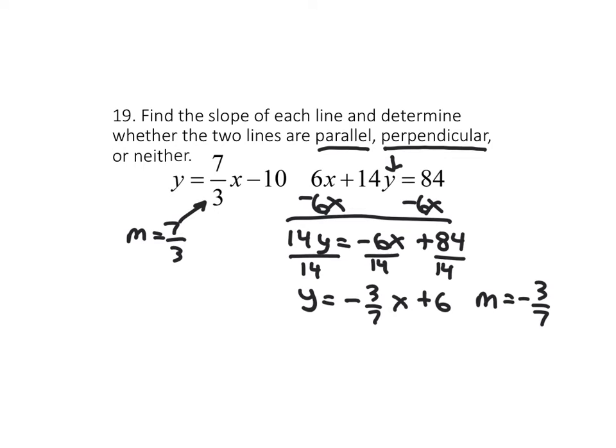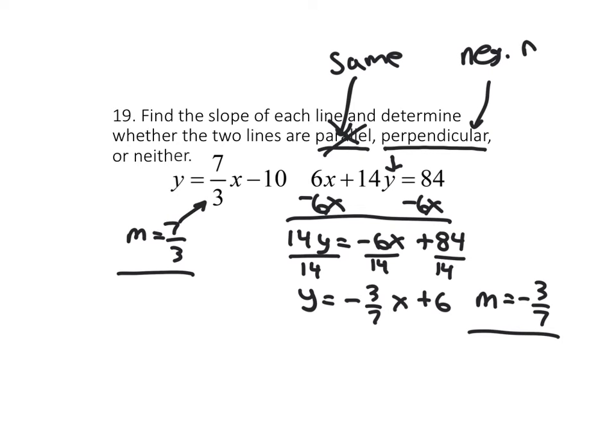Okay, back to parallel. Are the slopes the same? No. Positive 7/3 and negative 3/7 are different, so we know the lines are not parallel. Are they perpendicular? Well, that means that they would have to be negative reciprocals. 7/3 is positive, negative 3/7 is negative, so we have opposite signs.